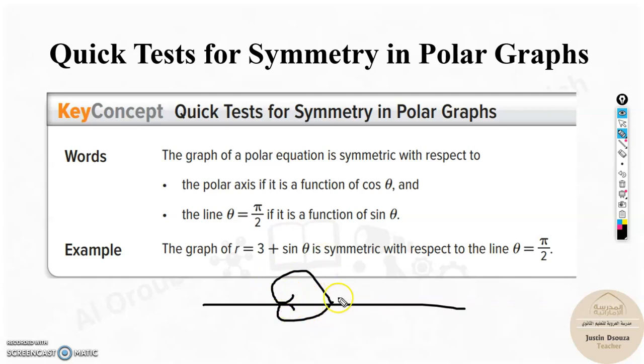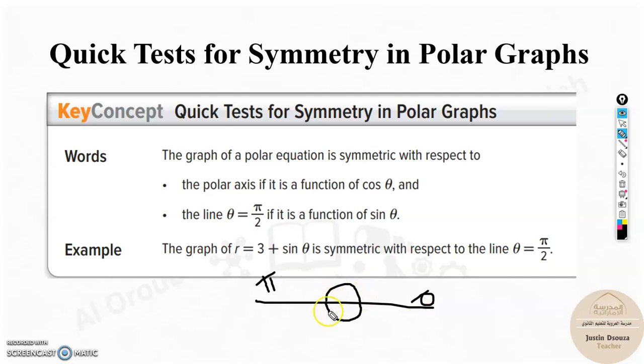Now this and this will be the same. So why do you want to do 0 to 2 pi? Just do 0 to pi, that is 0 to 180 degrees, and then just freehand the other side, or plot exactly the same points on the other side. So this will save you a lot of time.